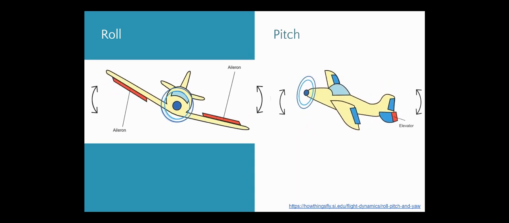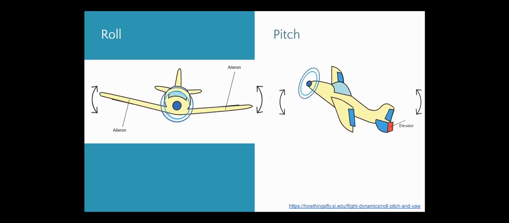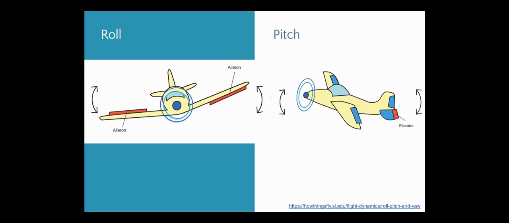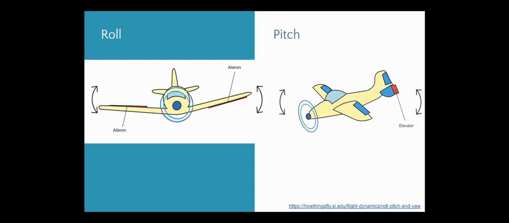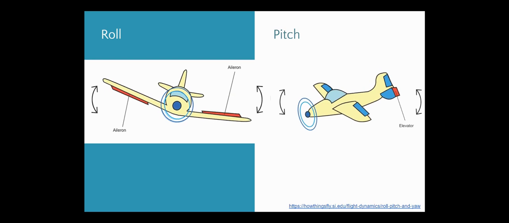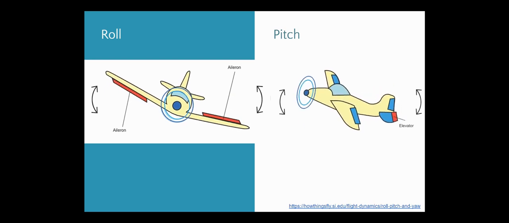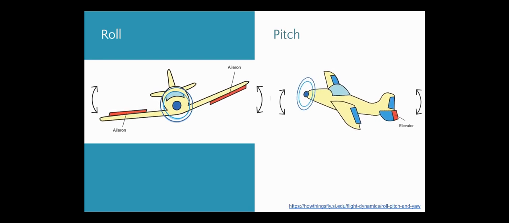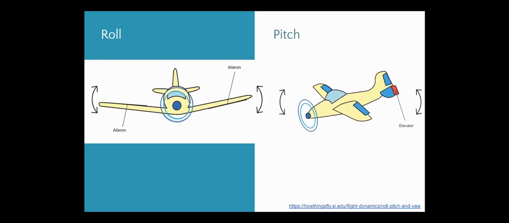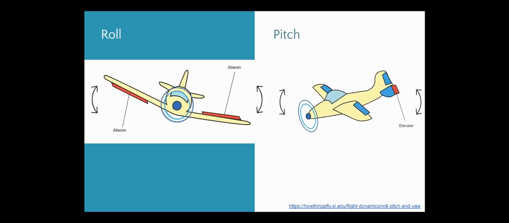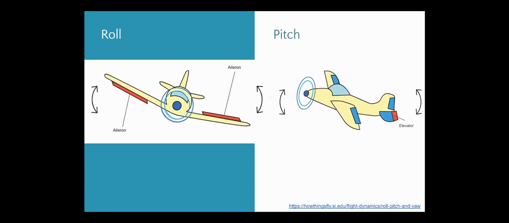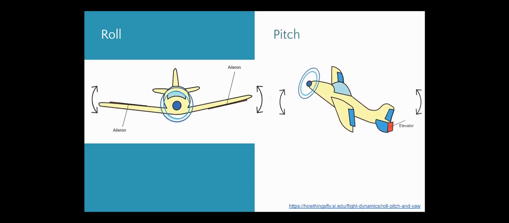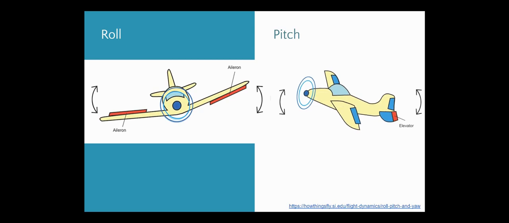So level is 0 degrees, and then we're going to tilt to the left, and then we're going to tilt to the right. Okay, that's called roll. Pitch in an airplane is when the front and back are rotating up and down. So if the nose of the airplane starts to move up or down, that is called the pitch.